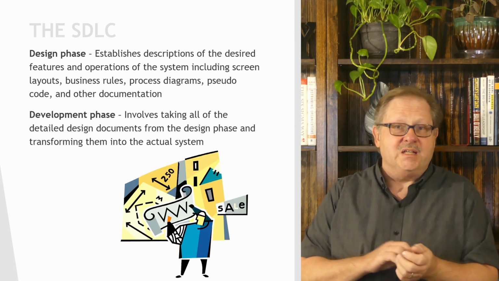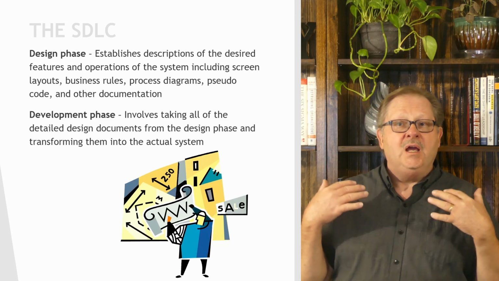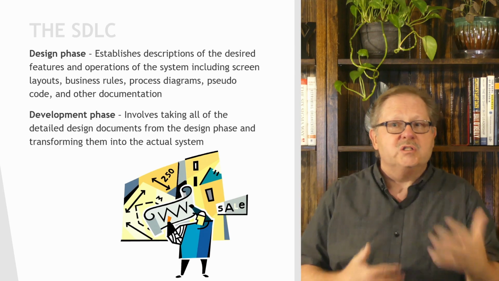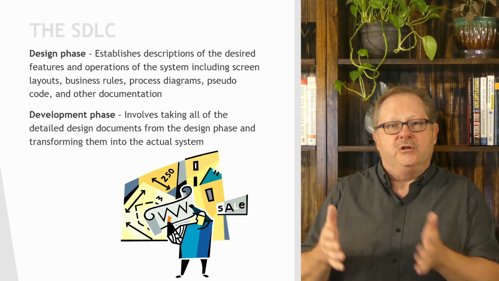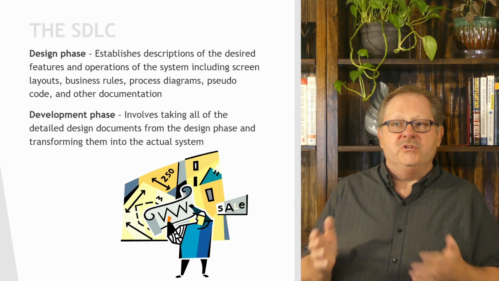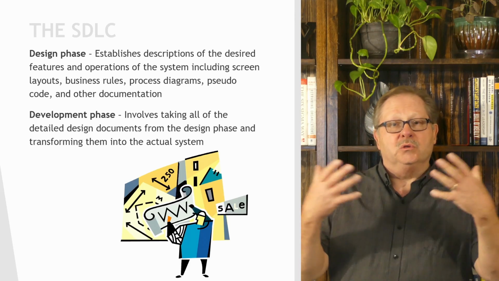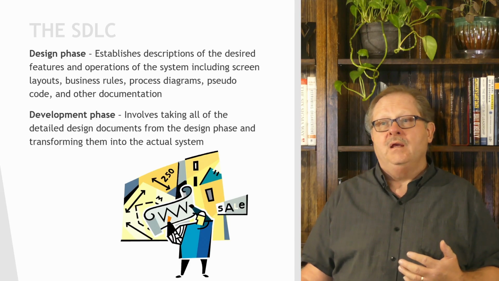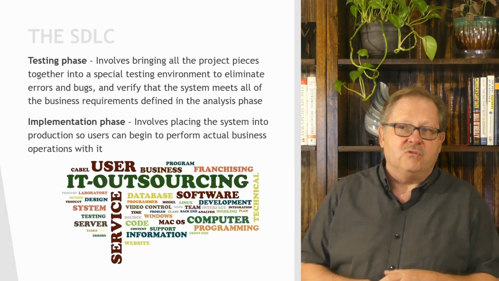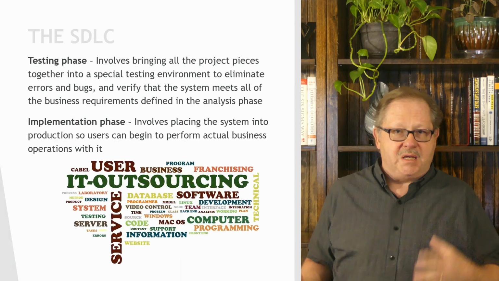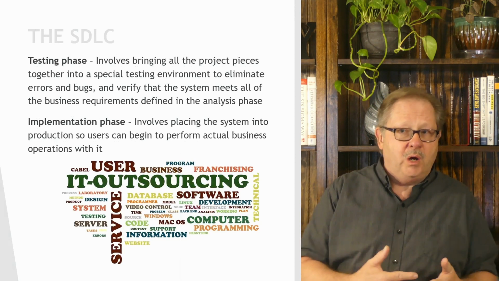The development phase then takes that documentation and starts developing all of the particular pieces and parts of the software system so that it can actually put it into an actual functioning system. The testing phase then, of course, tests all those things to make sure they're meeting the user requirements.